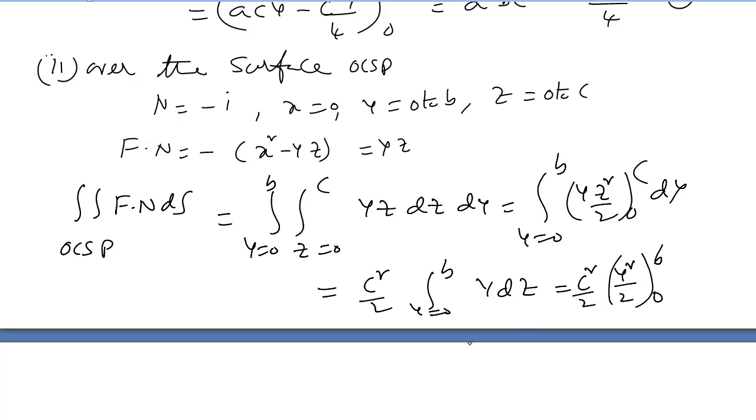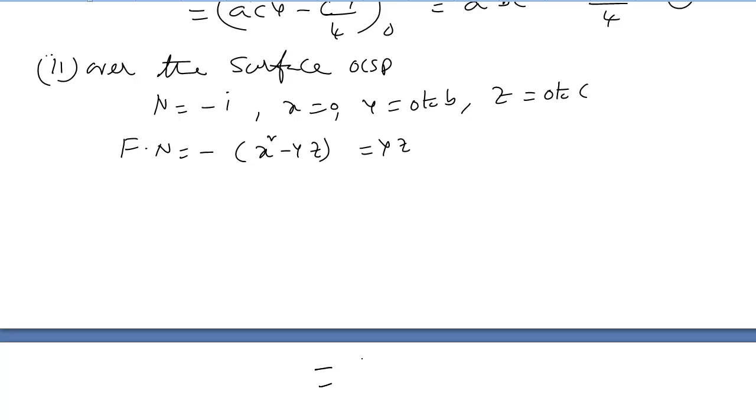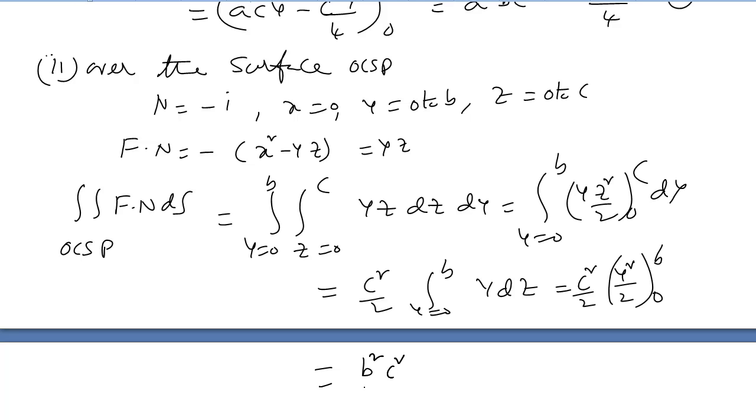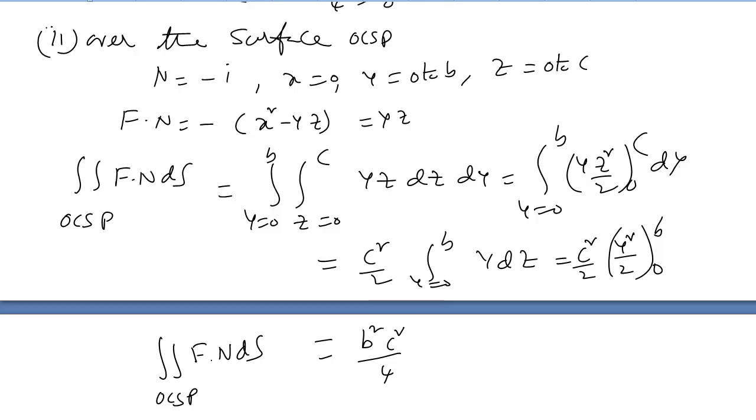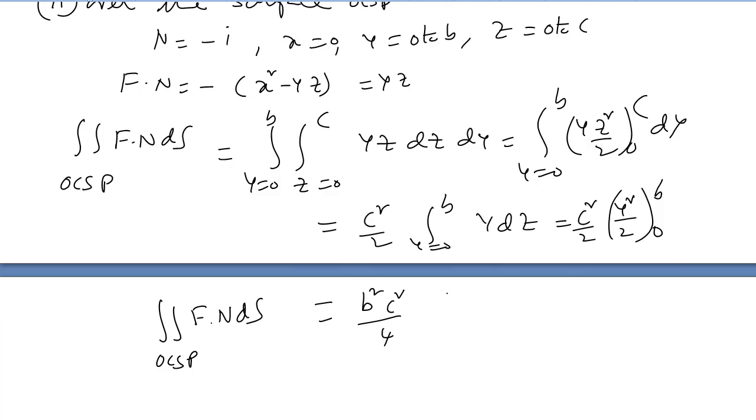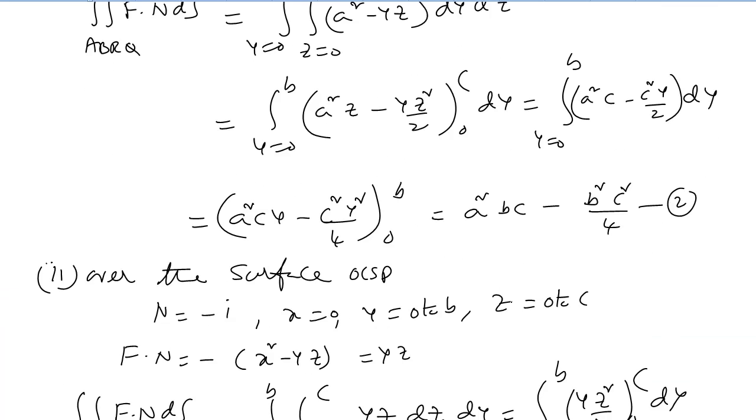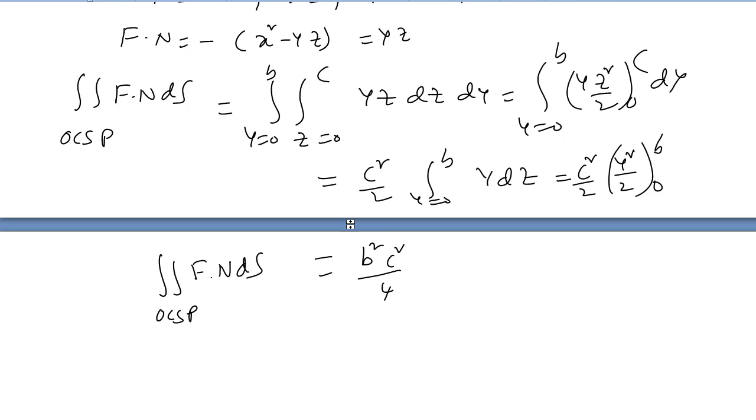So this integral value is b square c square by 4. In the previous problem, the second term is minus b square c square by 4. Both cancel if you add all the values. Okay, we will discuss later.